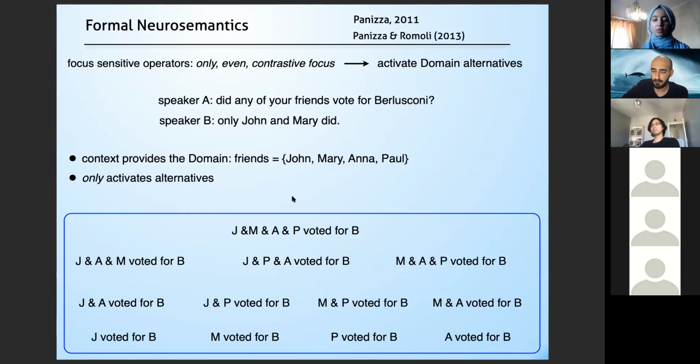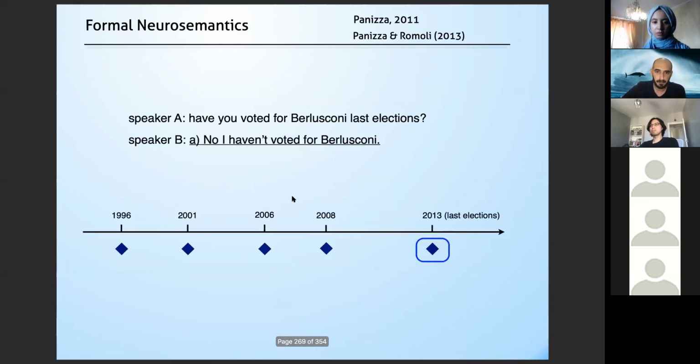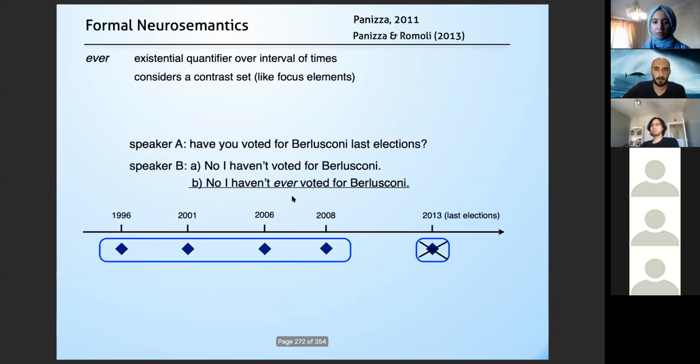Okay. And then they bring a conventional implicature. So the idea is that any alternative that you activate must be either entailed by the assertion, otherwise must be false. Okay. Now I'm going to skip the details of this and just give you the final example.